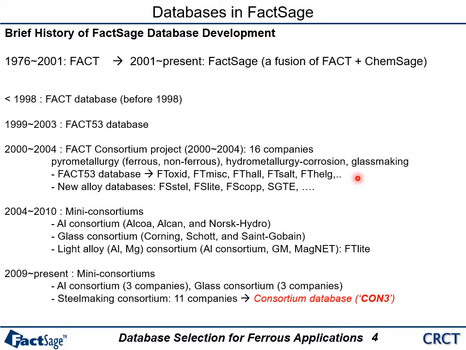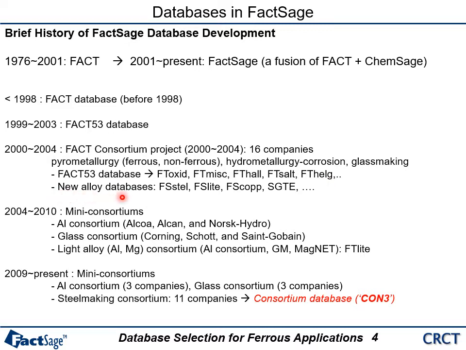various applications. At the time, we started to make FTOxide, which mainly contains the oxide database, FTmisc, FThall, which covers the Hall-Héroult process, and FTsalt, which is the molten salt or solid salt database, and the FThelg database. The Helgeson database is for aqueous solution or corrosion applications.